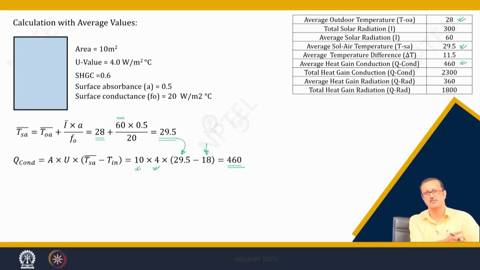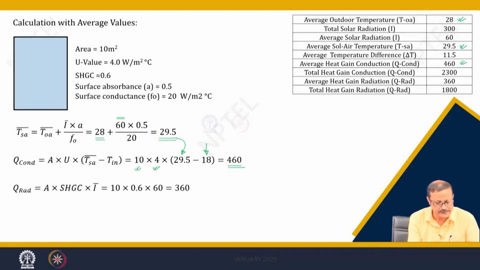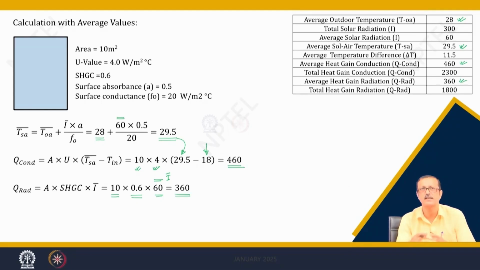Why 5? Because this average is based on 5 hours. Similarly for radiation, 10 is the area, 0.6 is the SHGC, 60 is the average I value, and I get exactly 360. Multiplying that by 5, I get 1800, the total heat gain through radiation.